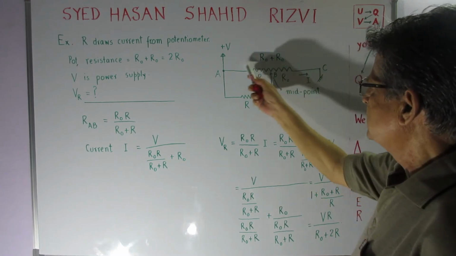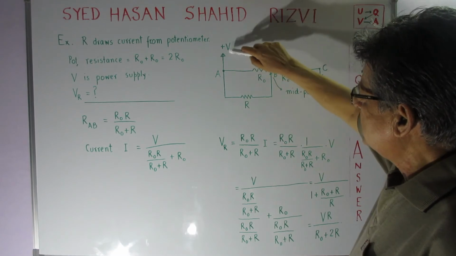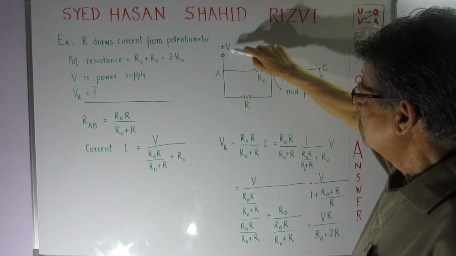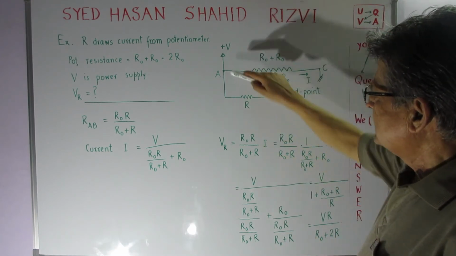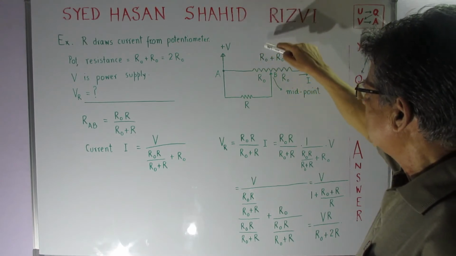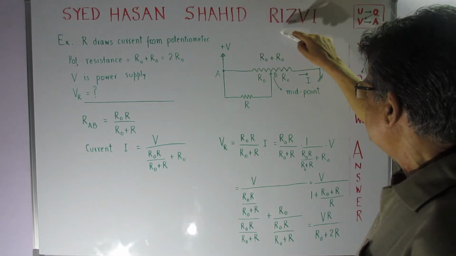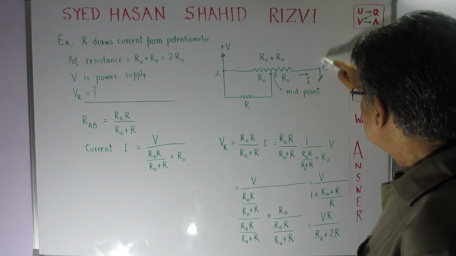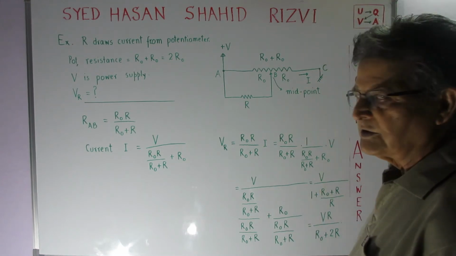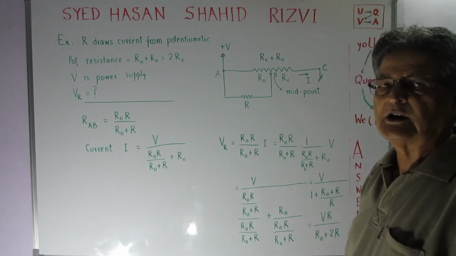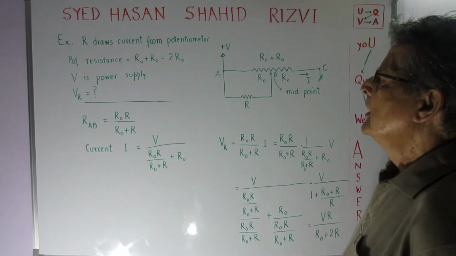So this has been shown. Now, what I have shown here is cross feed. It shows that this is connected to the positive terminal of a battery arrangement, and this is grounded. This is also a way to show, that's why I introduced it for you.